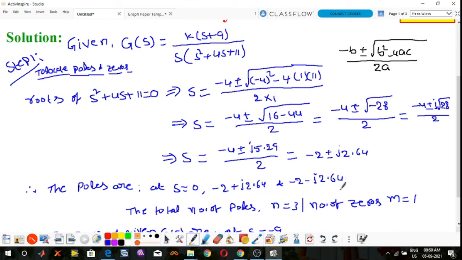Since complex poles are available, we can determine the angle of departure. The angles of departure can be calculated at complex conjugate open loop poles.